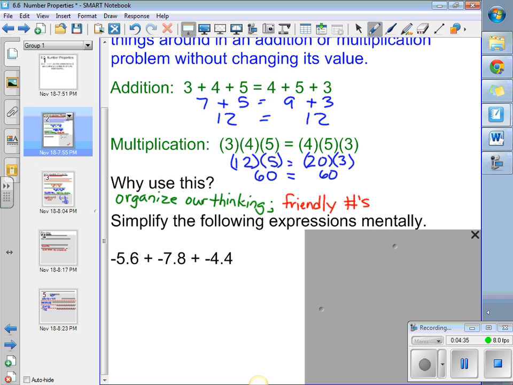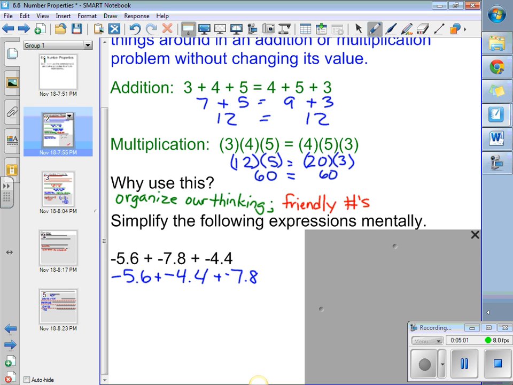By commuting this problem and putting this negative 5 6/10 plus this negative 4 4/10 together, and then I've got this negative 7 8/10 over there. If I put them together, I've got this negative 6/10 and this negative 4/10.